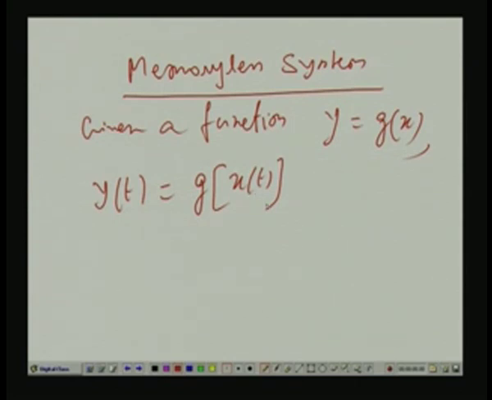For each experimental outcome you have got some waveform for x(t). What g does, at each t it takes the value and evaluates this function g(x), that is g of that value, and gives you the corresponding y. Obviously, here when g works on that value, it does not look at the past or future of x(t). As a result, we call it a memoryless system.